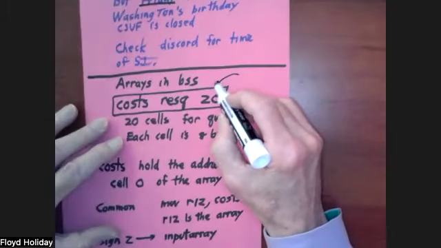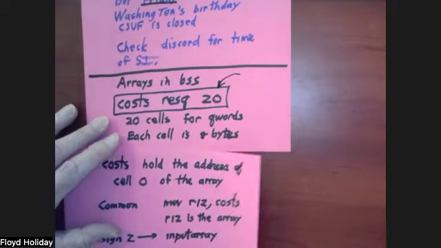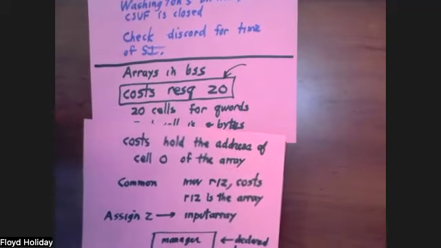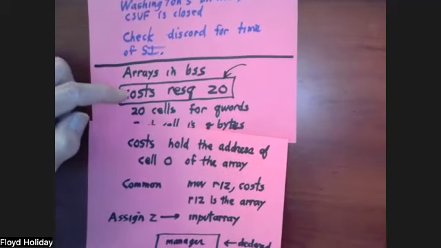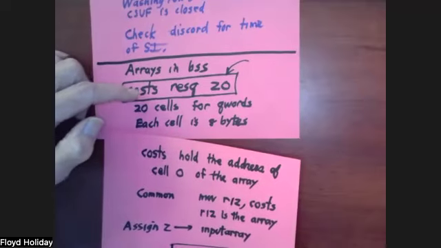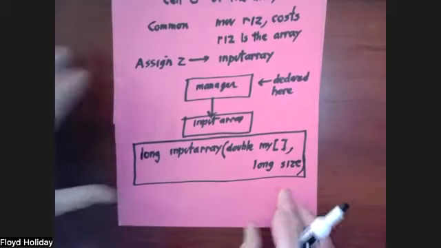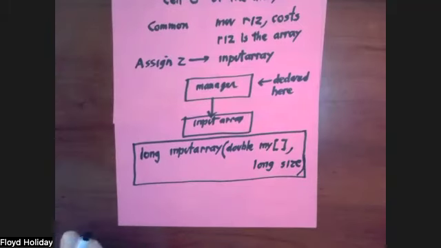It'd be this number back here. That would be the second parameter. And the first parameter will be the number held inside of cost. Okay, that's how C++ would write it.